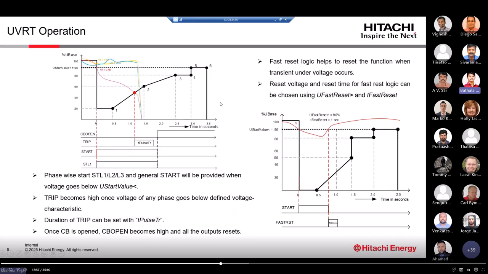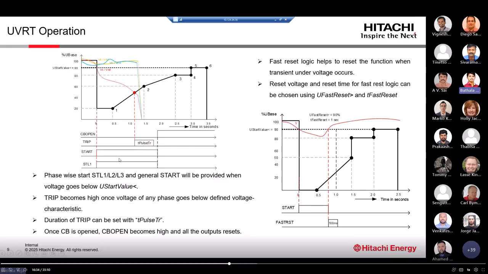One example I have taken here to explain the operation of UVRT. You can see in one of the phases a voltage dip happened, and this is actually a fault condition, not a transient condition. Immediately once the voltage is lower than the U start level, start L1 phase wise and general start became high. Once it crosses the curve and enters into the trip region, trip will come for the duration of T pulse TR.